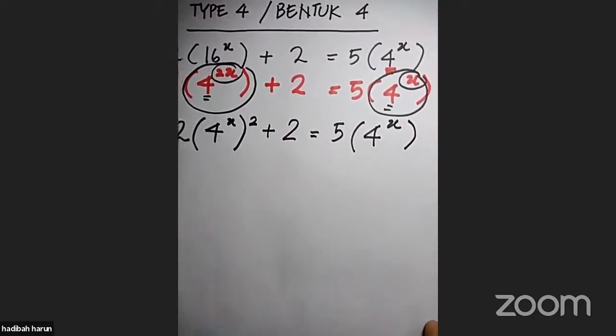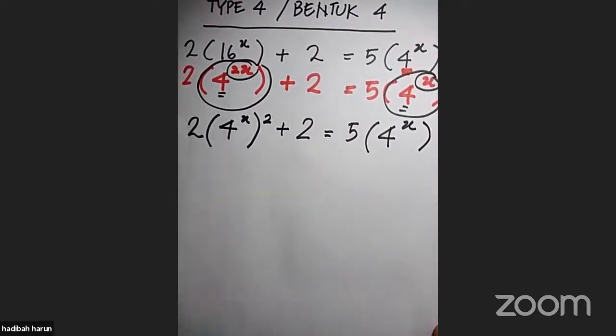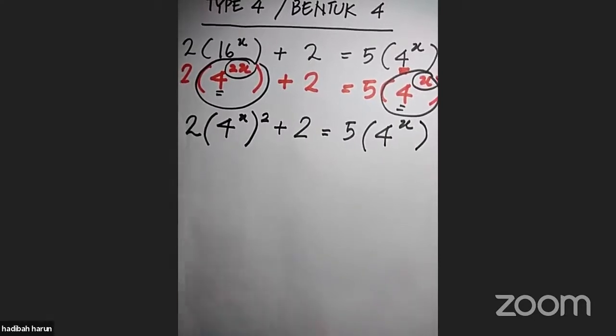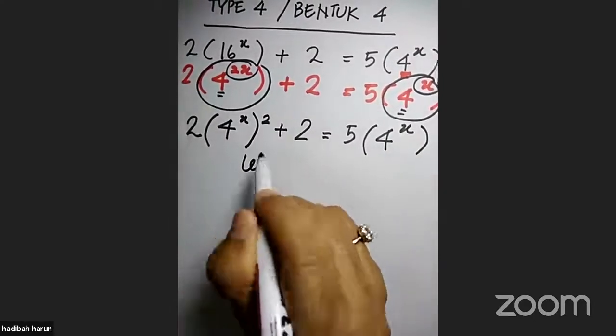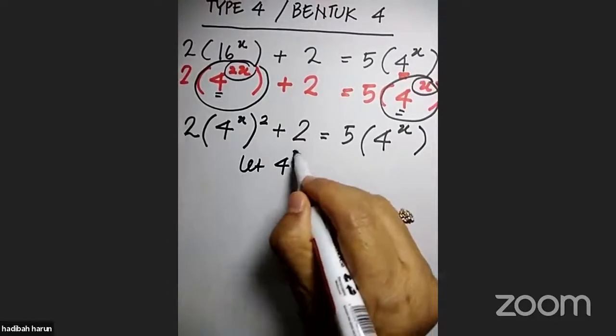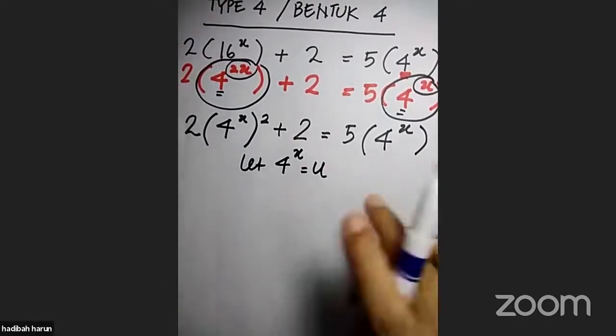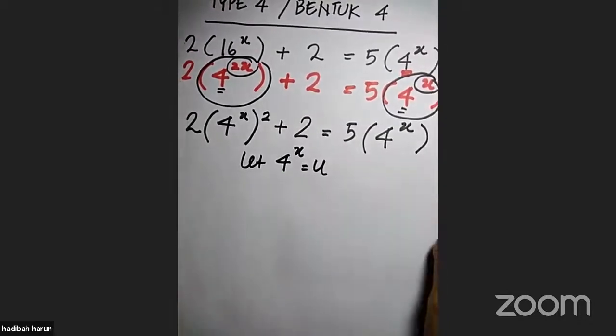This is where we use let. Normally the students always ask, teacher, when to use let? This is the type where you use let. You can let x be u, or whatever alphabet you wish.